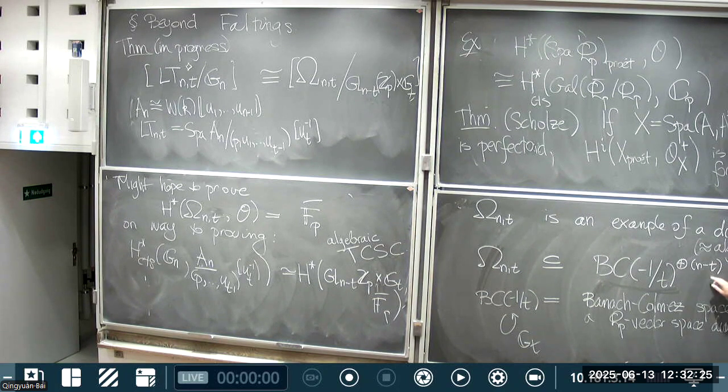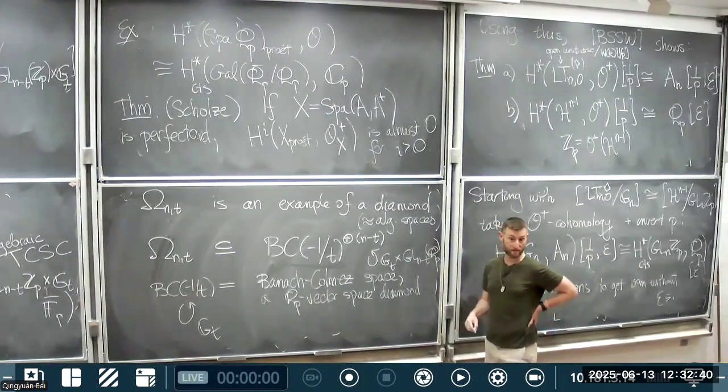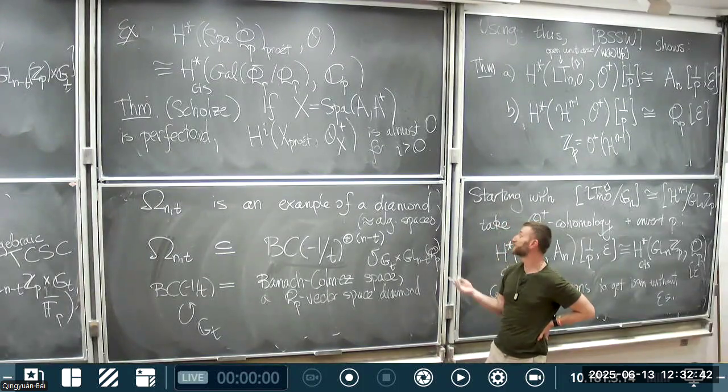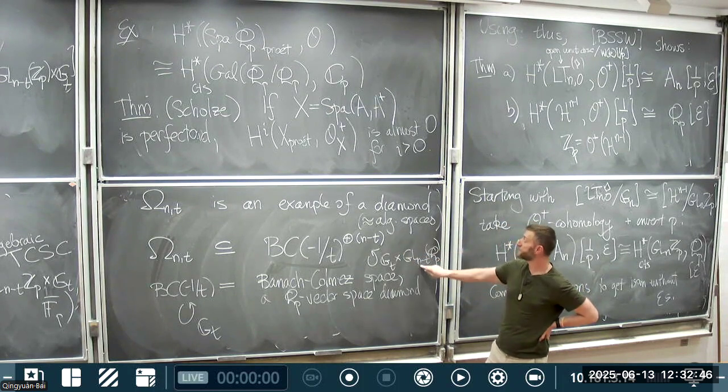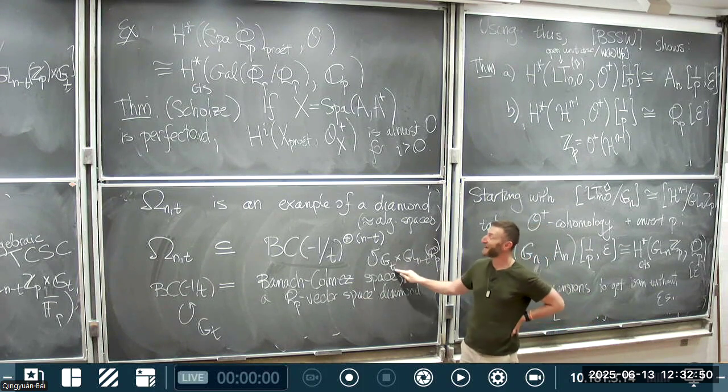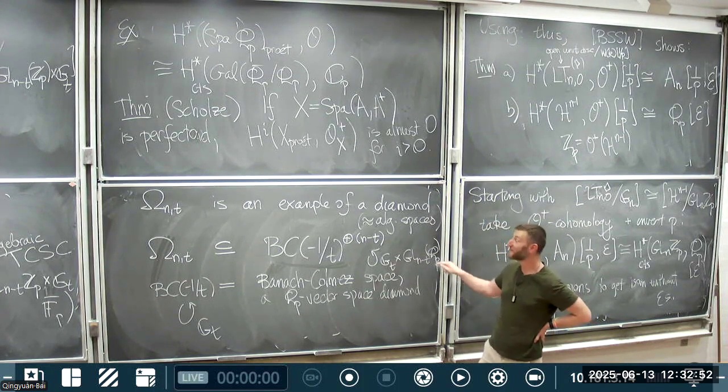But if I take this many copies of it, then there's an action of not just G_t acting diagonally on all the copies, but also the product of G_t by GL n minus t of Q_p, simply by dint of the fact that BC is a Q_p vector space. So that when you take this many copies of it, then you can act upon it by matrices. So that explains the action and the appearance of this group on the space.